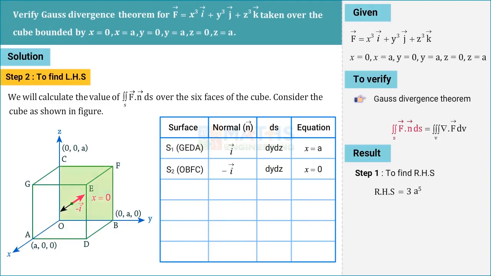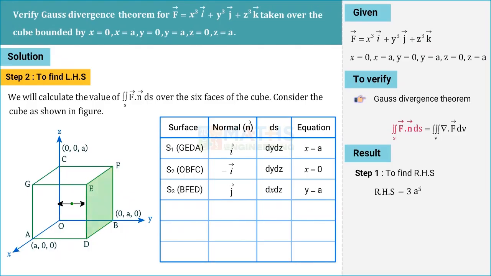You consider the next surface, OBFC. Here what is the normal to the surface? Negative direction of x-axis. So we take that as minus i vector. Equation of the surface is x equal to 0. So dx value becomes 0. We have y and z coordinates alone. So dS is equal to dy dz.